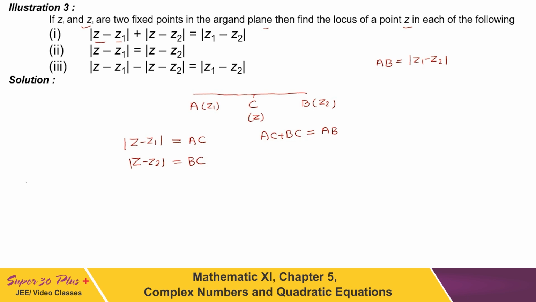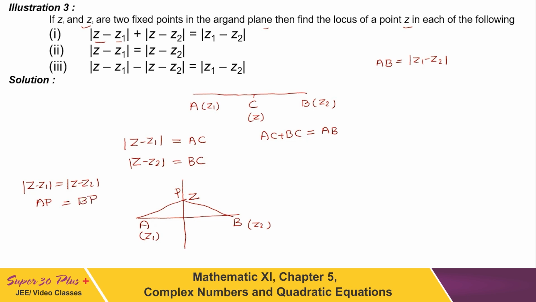Question number 2. If mod of Z minus Z1 is equal to mod of Z minus Z2, let A and B be the two points having affixes Z1 and Z2, and let Z be a point that lies on the perpendicular bisector of the line joining A and B. Let this point be P. This AP distance is always equal to PB distance, and here it is given that AP is equal to BP.